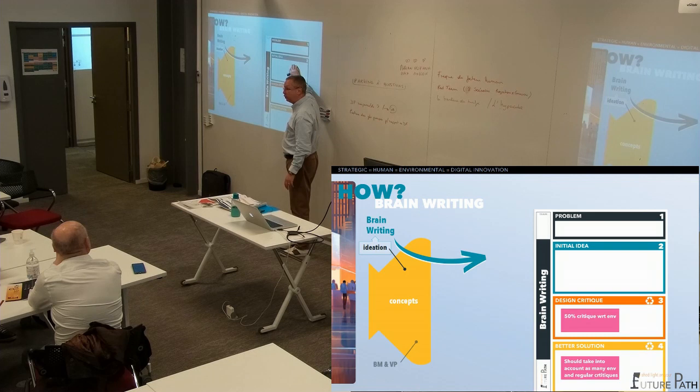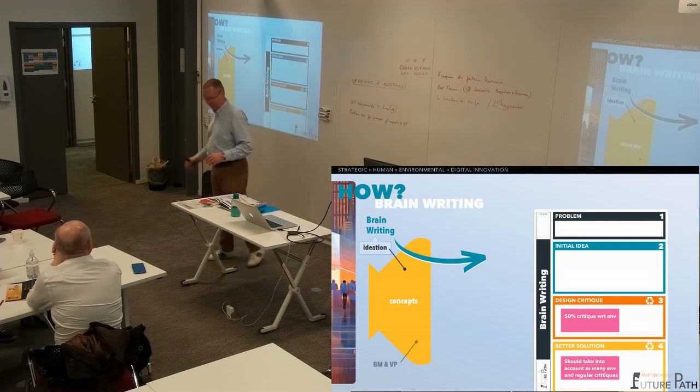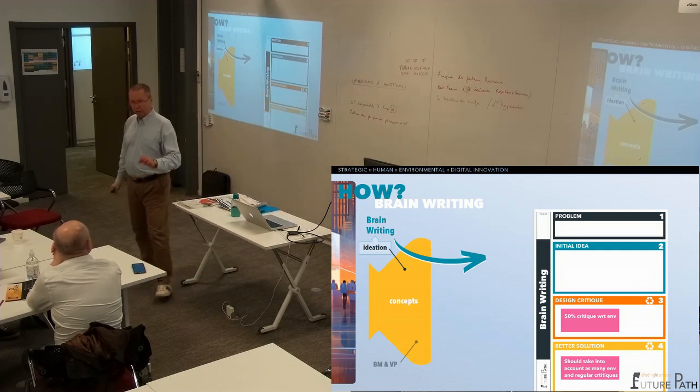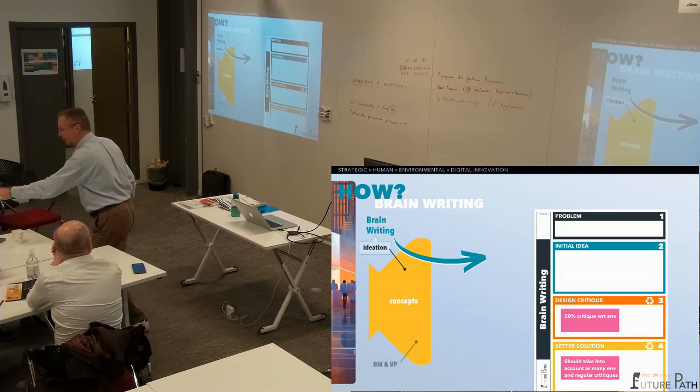Once you've done that, this is recycled, but to me it means as well circulate the paper. So Thierry, you give your sheet to Anaïs, you give your sheet to Benjamin, and Benjamin, you give your sheet to Thierry. So what do you receive?